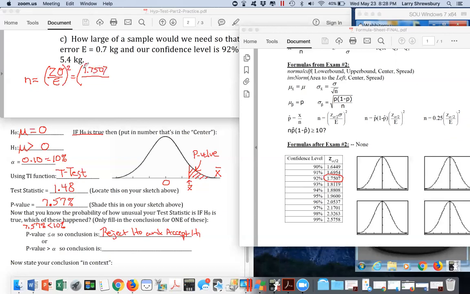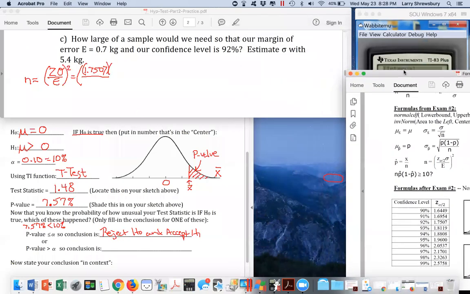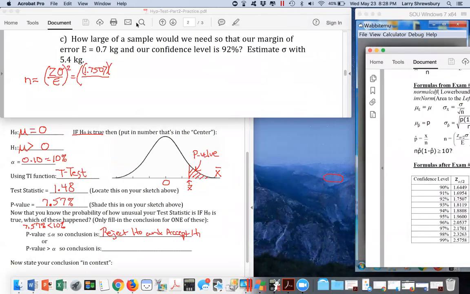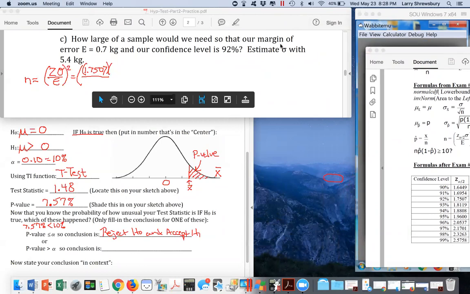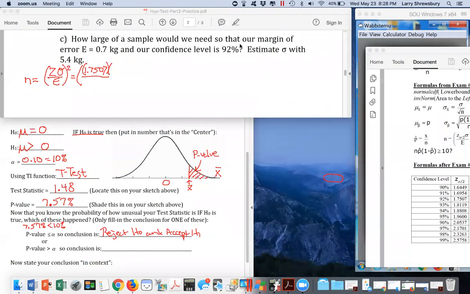So that's going to be multiplied by the standard deviation. And note that we're going to estimate that with 5.4 kilograms. Now we're kind of fudging here, because really, when you estimate the population standard deviation with a sample standard deviation, it's only supposed to be done with a large sample size.